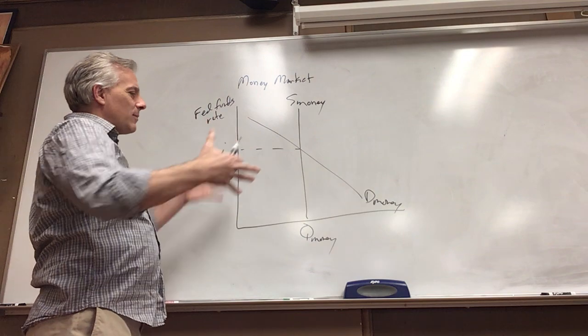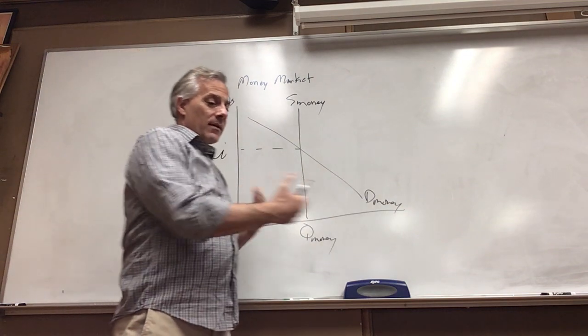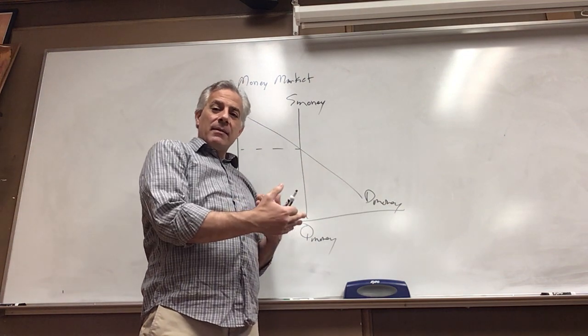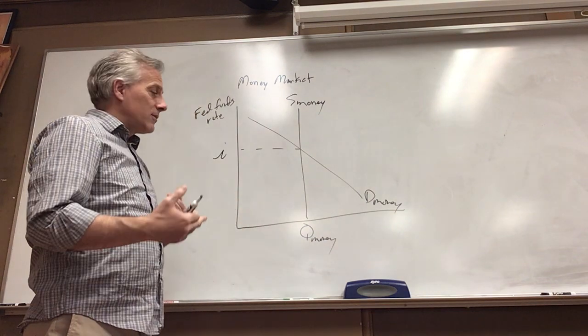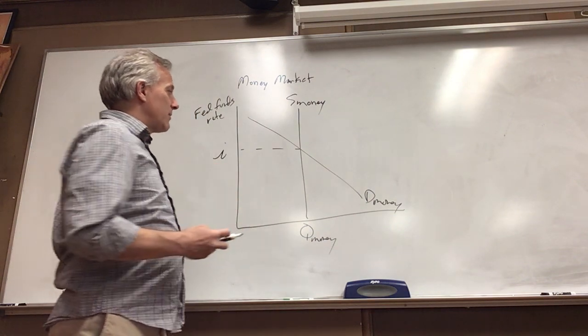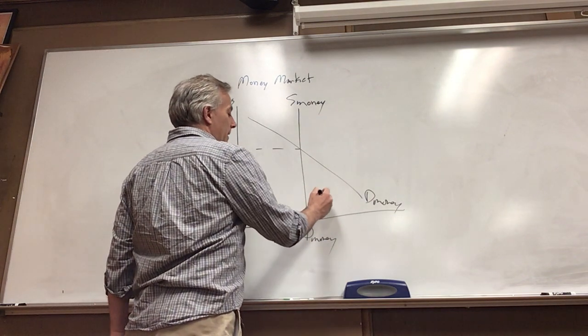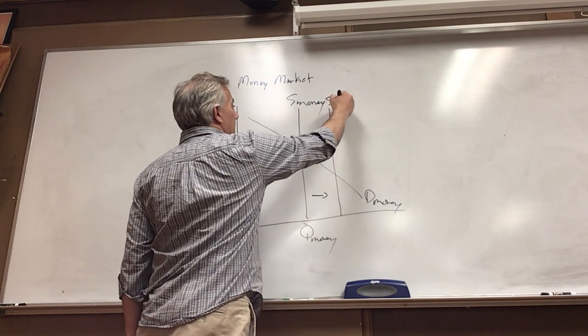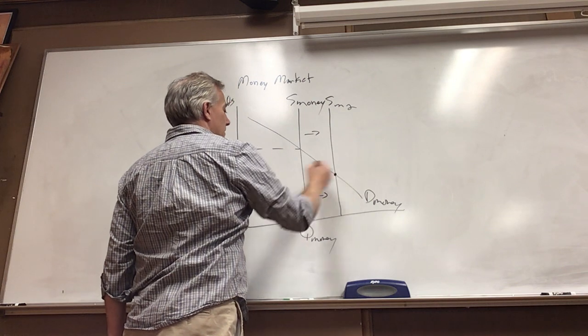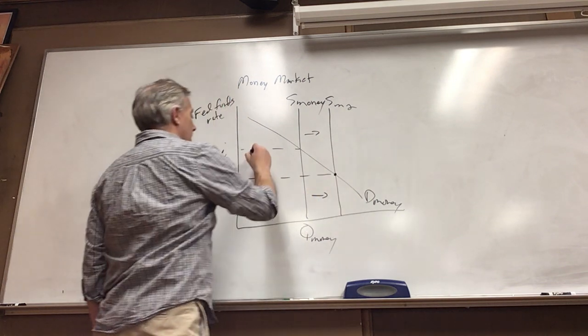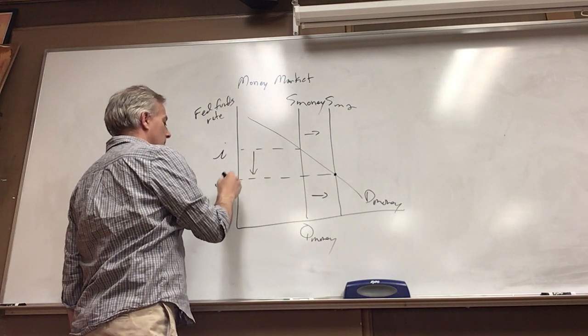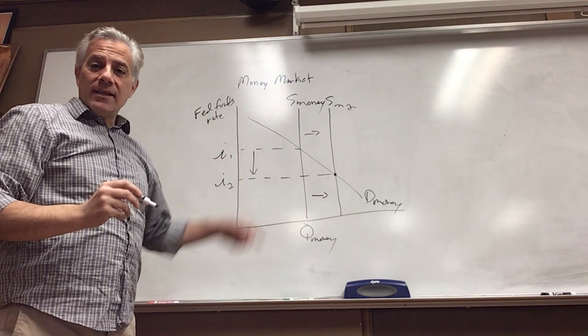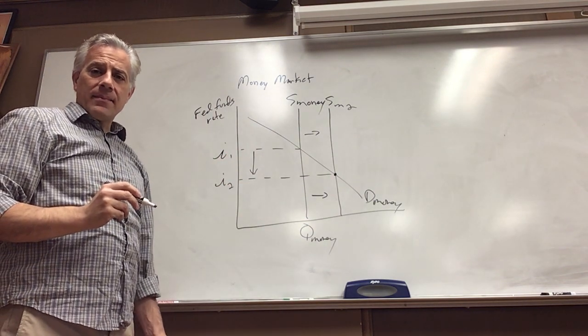Because the banks are the ones doing the lending, the Federal Reserve manipulates the money supply, okay, to change the Fed funds rate. So remember, buy bonds, big bucks. If the Fed buys bonds, the supply of money increases and the Fed funds rate decreases. Okay.